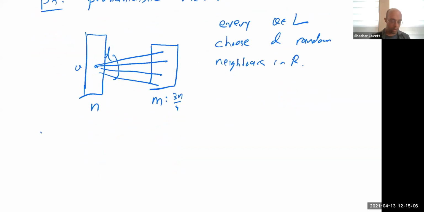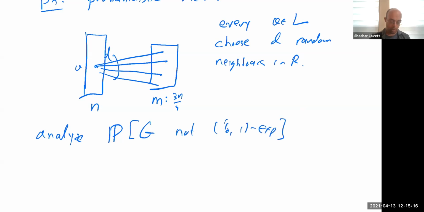And what do we want to do? We want to analyze the probability that the graph is not a half-1 expander, and we want to prove that this is really, really small. So most graphs that we choose in this way are going to be half-1 expanders. How can we do it?